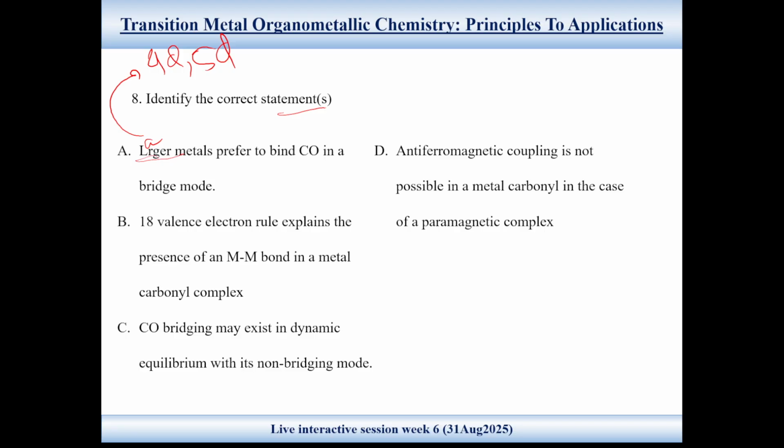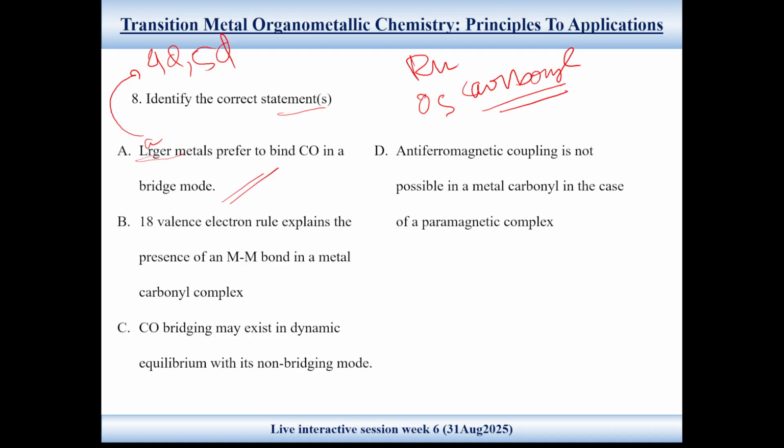So here a larger metal prefers to bind CO in a bridging mode. I told you that for the first or second series, when we have metals like ruthenium or osmium, their carbonyl complexes cannot be bridging because the size of the orbital of osmium or ruthenium is so large that it cannot overlap with the 2s and 2p orbitals of carbon.